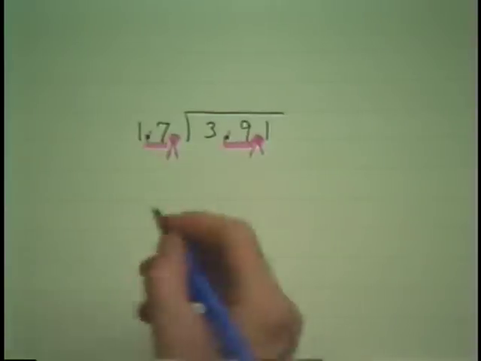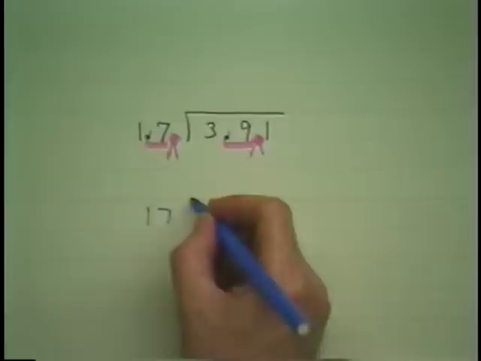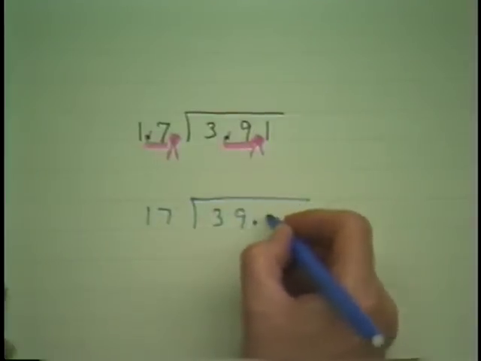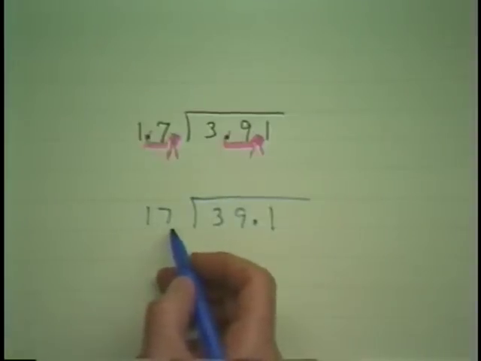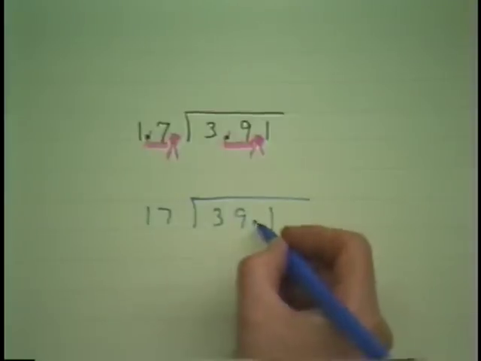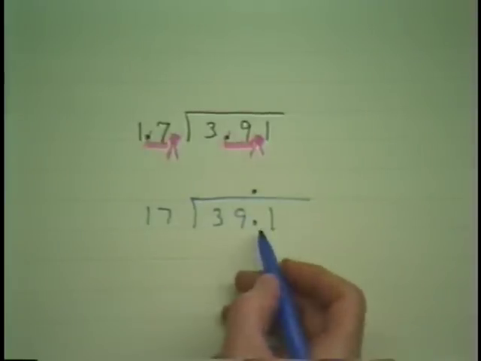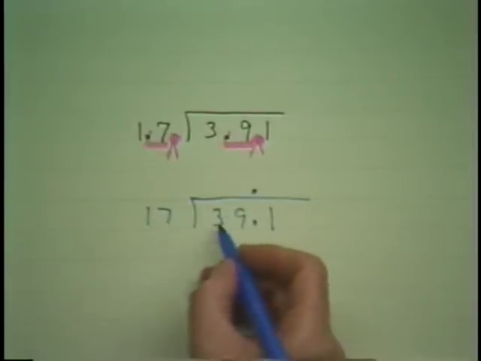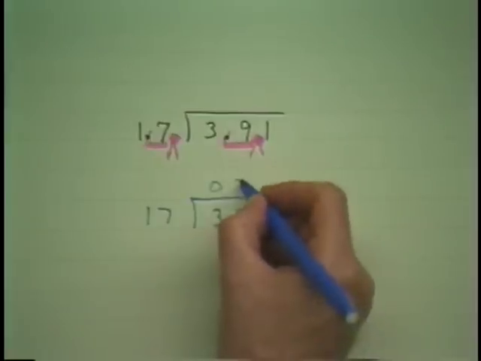Now, it's as though we had rewritten the problem, and the problem is 17 divided into 39.1, as indeed it is. Now we are dividing by a whole number, so the decimal point of the quotient is directly above the decimal point of the dividend, and we simply divide. 17 into 3 is 0. 17 into 39 is twice.